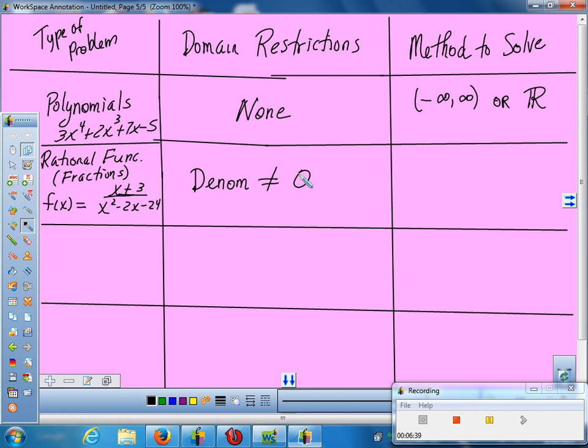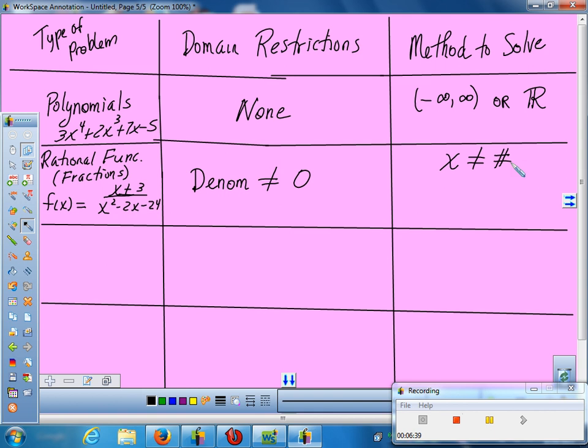Your answer is going to come out to be x can't be some number. So how do I find out what numbers it can't be? I have to figure out what makes the bottom equal 0.